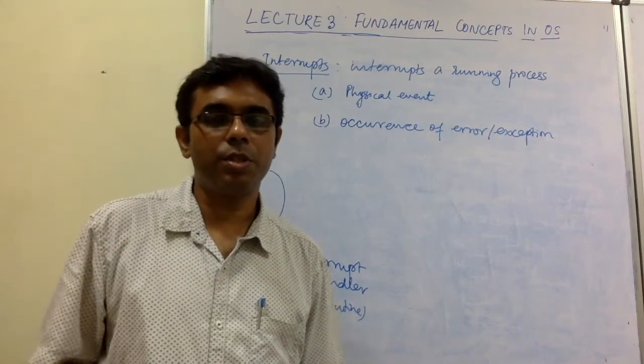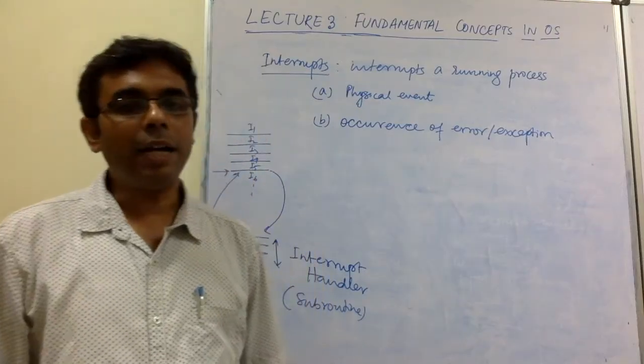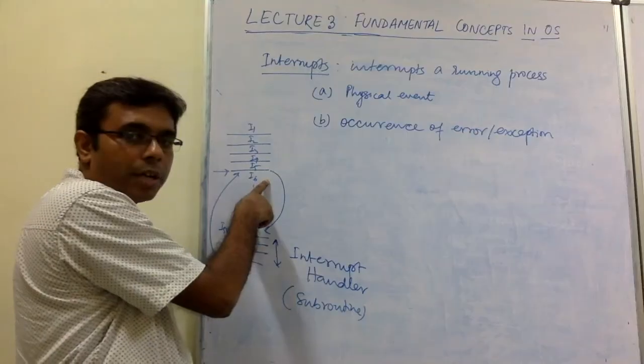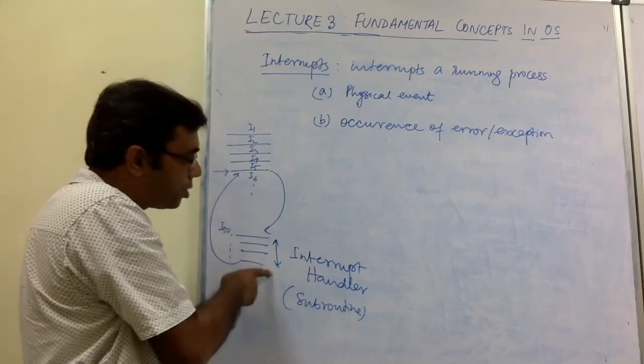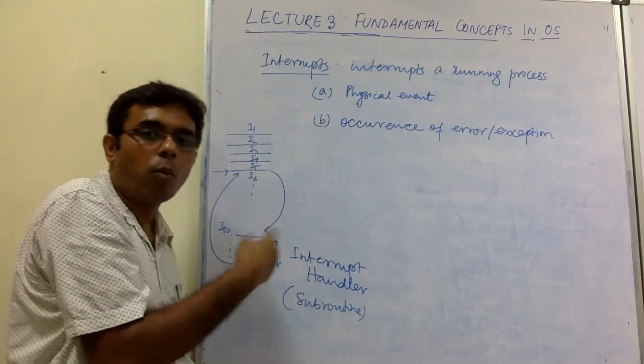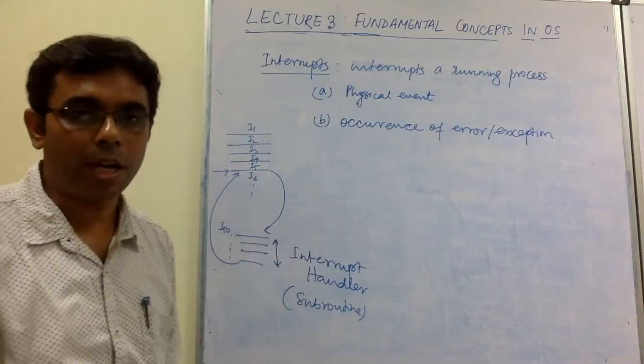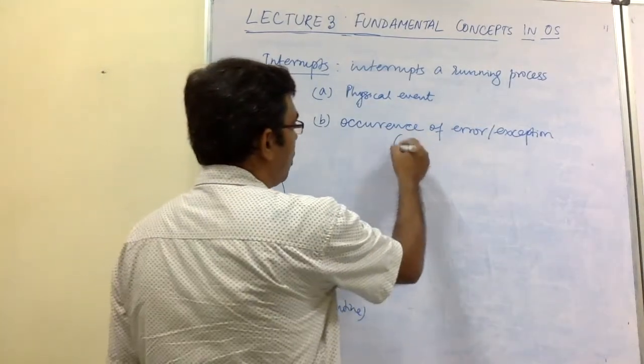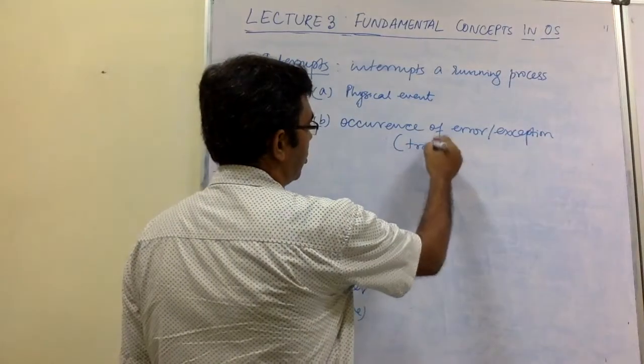These are the situations which can happen. In that case, you would like the execution to stop and jump to some other location where you have written what to do if this particular situation arrives. Such kind of interrupts we often refer to as a trap.